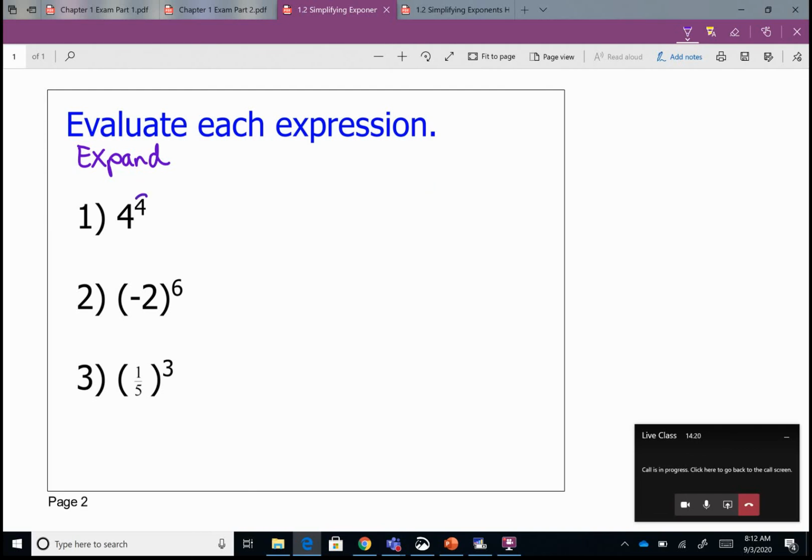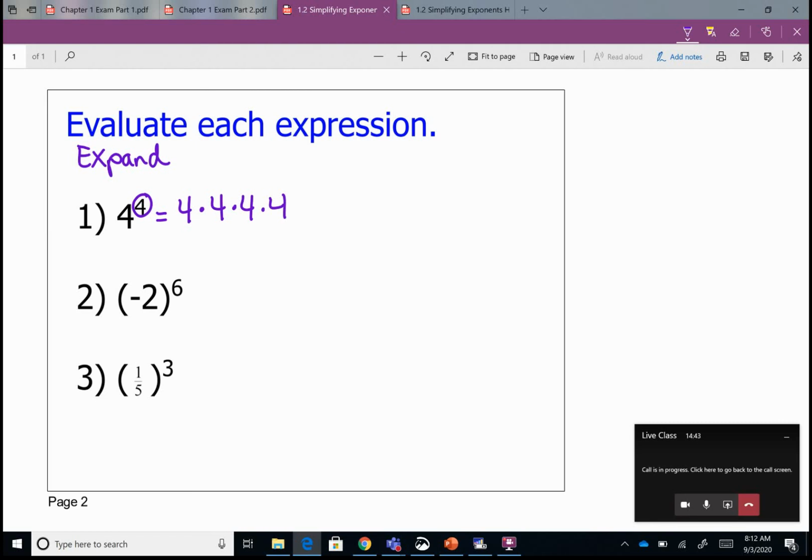The exponent tells us how many times to multiply it. So the number I'm multiplying together is 4. How many times I'm going to do that is also 4.